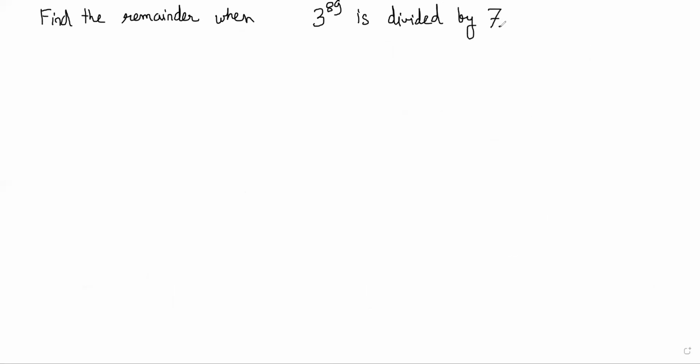So we can say that 3 power 3, which is 27, is equal to minus 1 mod 7, right? We also have 3 squared is 2 mod 7.